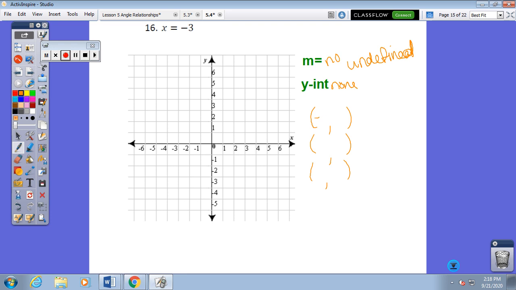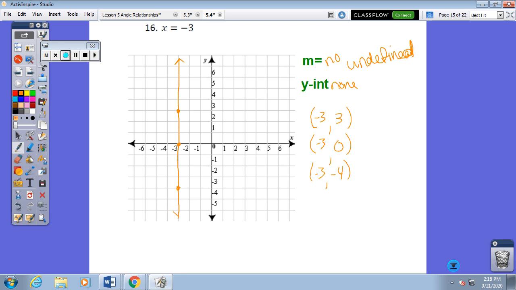So if x is negative 3, just like the other one, I'm going to pick some numbers: 3, 0, negative 4. I'm going to pick the same numbers, just the opposite. Negative 3, 3, plot it. Negative 3, 0, negative 3, negative 4. Plot those. Use my straight edge, straight line.